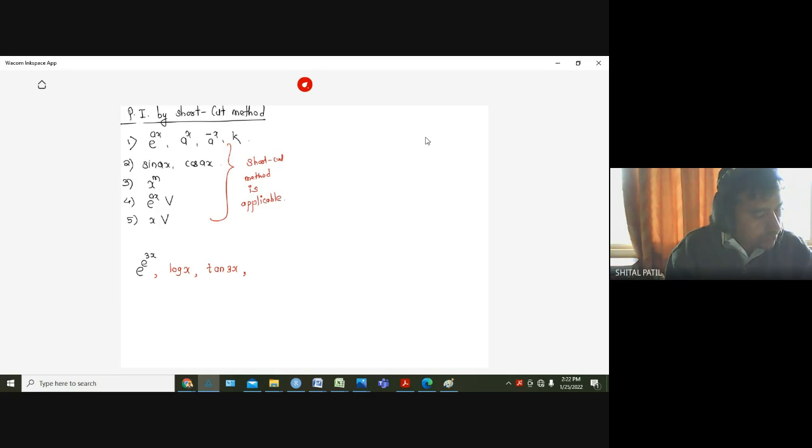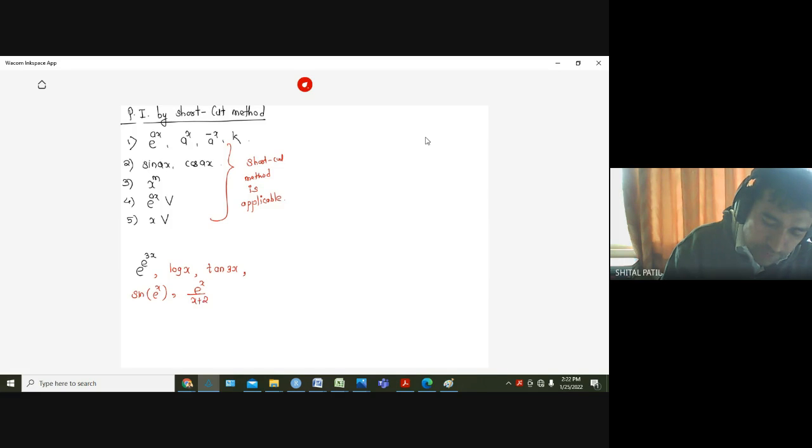Homework was given: check whether there is a shortcut method formula for tan x. If it is not checked, check it today. Sine of e raised to x, can we find a shortcut method formula? No. You can check this. Suppose we have e raised to x divided by x plus 2.